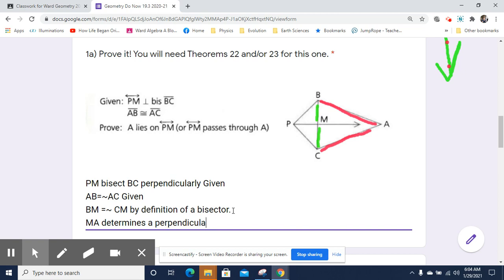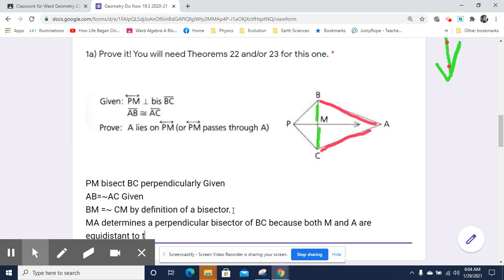You spell that right, of BC, because both M and A are equidistant to the endpoints of BC.